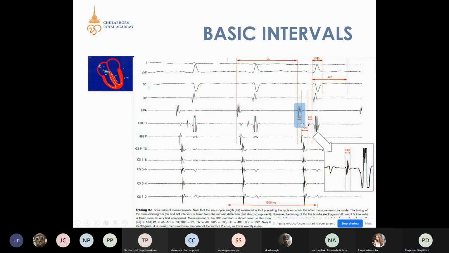We call it the intrinsic deflection. If you measure over here, you will get the PA interval.